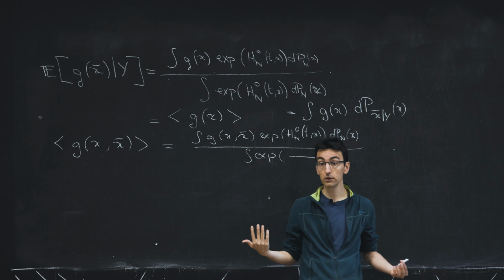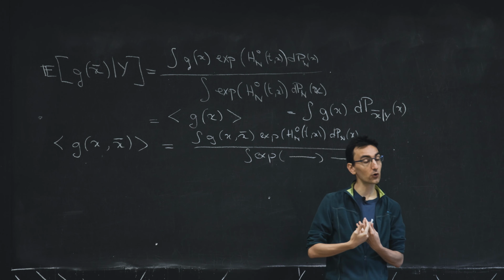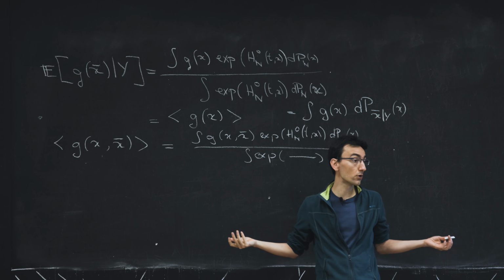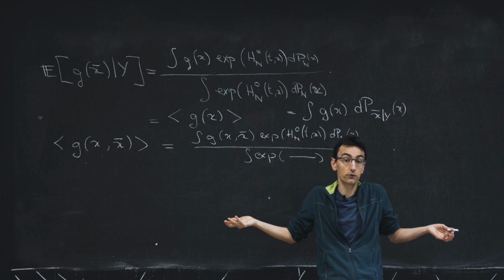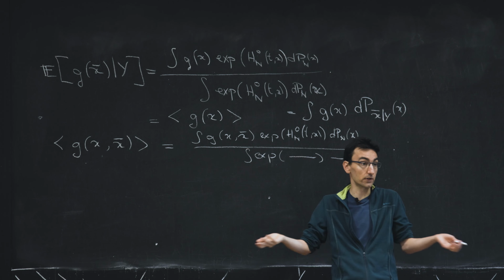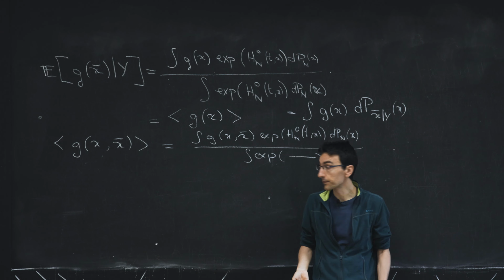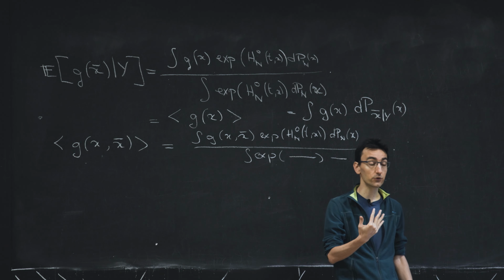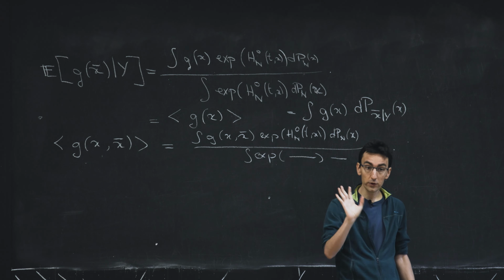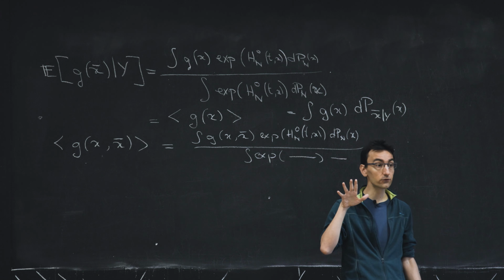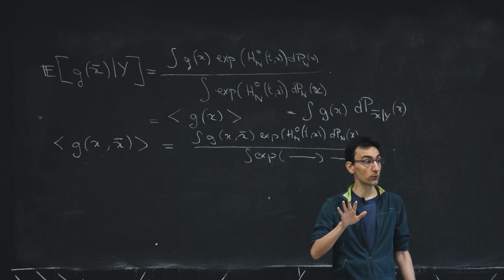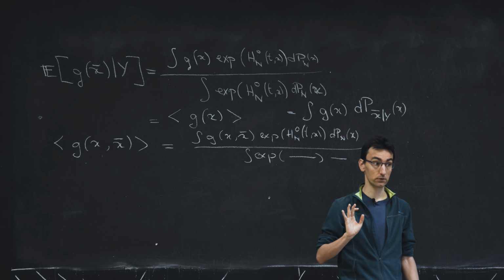You just see nothing. And then the conditional law of x bar given the observation is just the law of x bar. You have not learned anything, so what can you do except say that this is the original law? On the other hand, if you imagine you have perfect information about x bar, I fully reveal to you what x bar is, and I tell you the conditional law of x given x bar, then it's going to be x equals x bar.